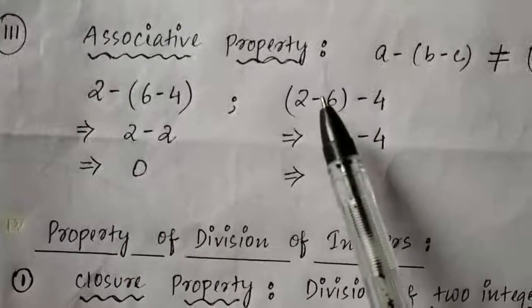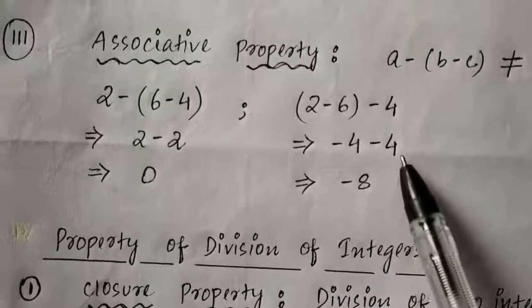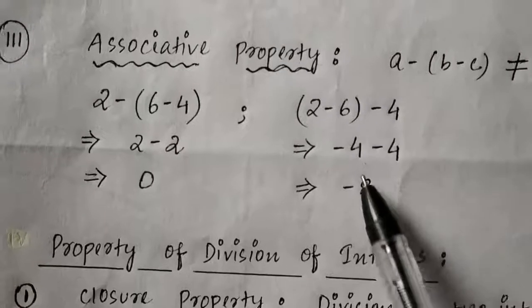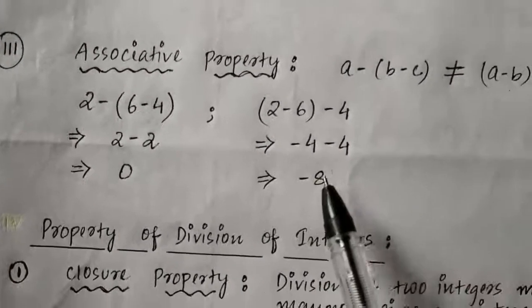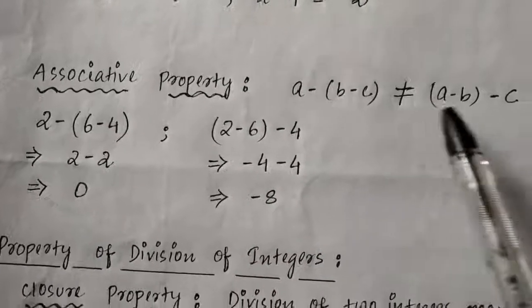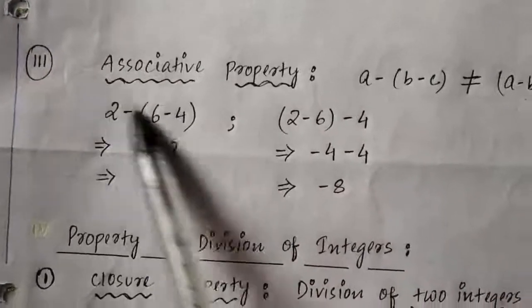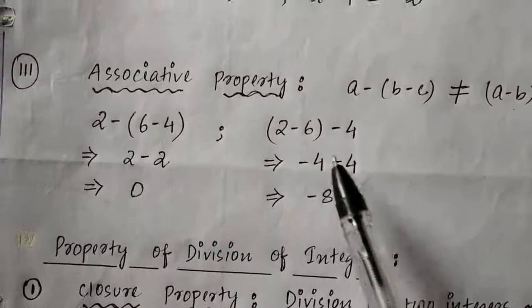In the second case I subtracted 2 and 6 and then subtracted 4, and got minus 8. So both results are not equal, so we can say that a minus b minus c is not equal to a minus b minus c with the other grouping, and thus the associative property for subtraction doesn't hold true.